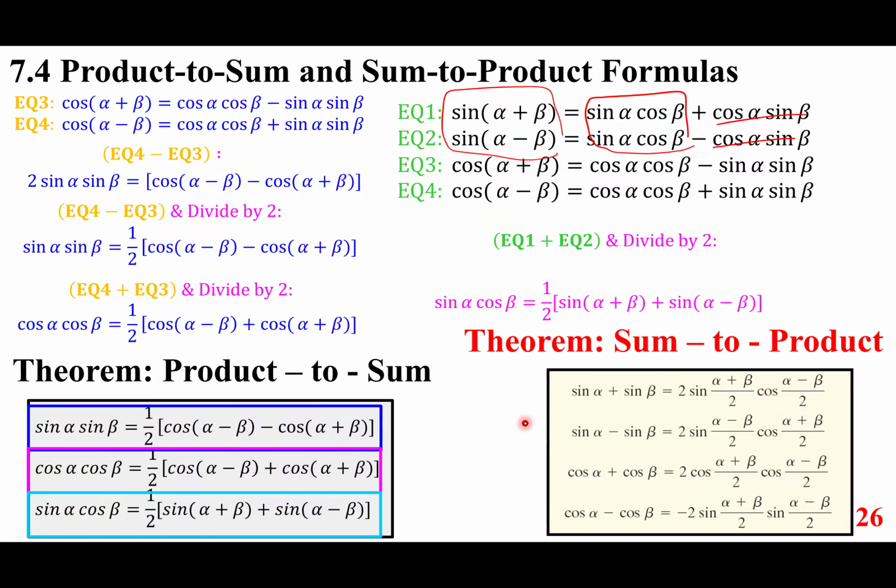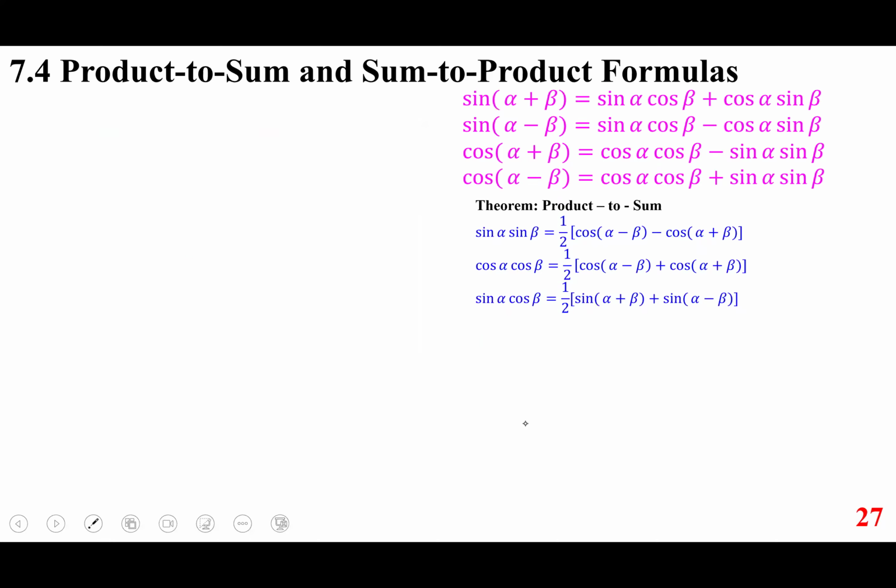Now the sum to product is slightly different. Let's look at sine alpha plus sine beta is 2 sine alpha plus beta over 2, cosine alpha minus beta over 2.